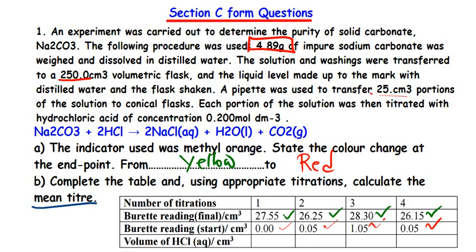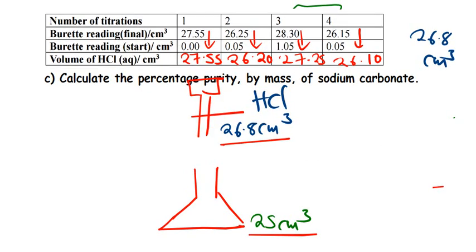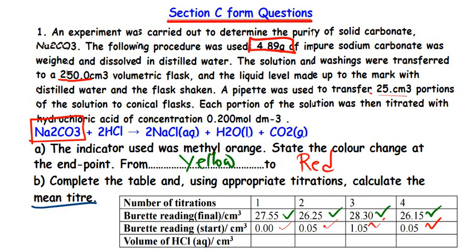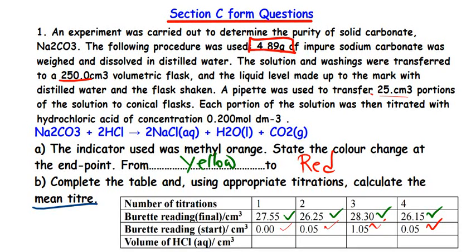Now, can we find the mass of the pure sodium carbonate using the volume of the acid that was required? This is now where we get back to the equation. We'll see that these are in the ratio of 1 to 2. Can we find the number of moles of hydrochloric acid?